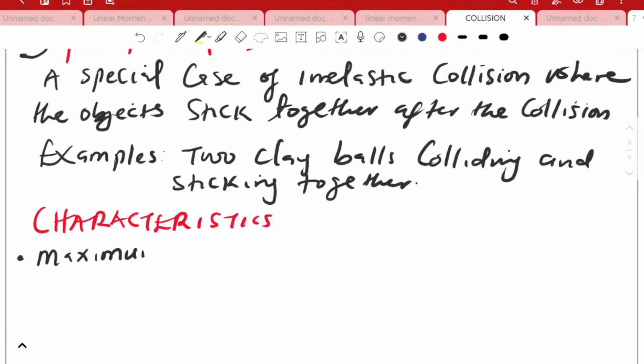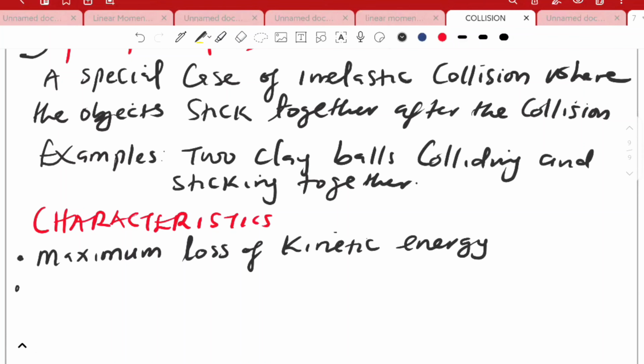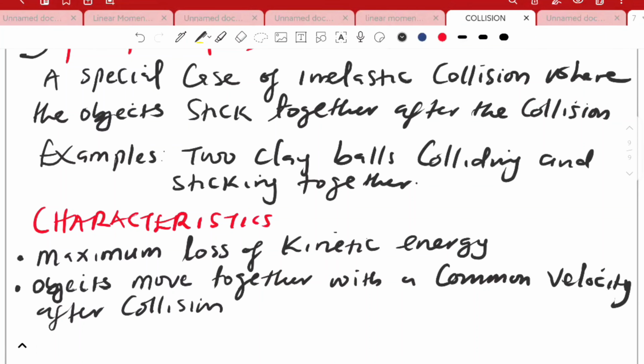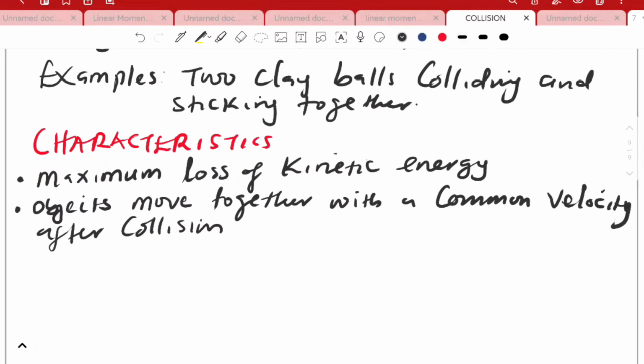Number 1, maximum loss of kinetic energy, okay, to either sound or heat. Number 2, objects move together, okay, with a common velocity after collision. Is that clear? After collision, we've done that mathematically. Please refer to the formulas above, please.